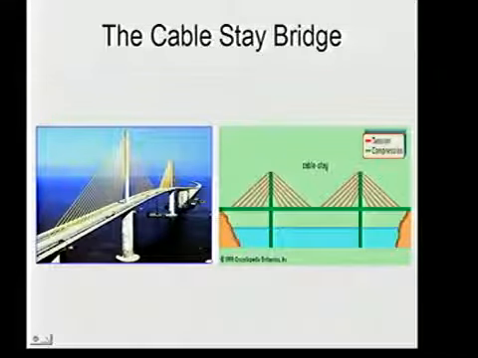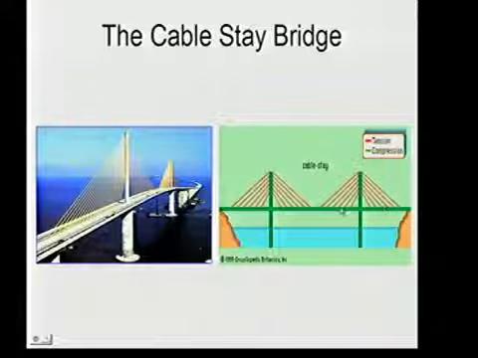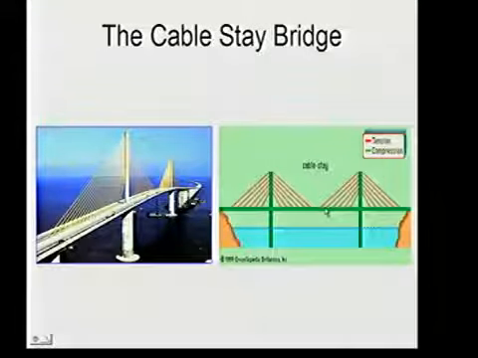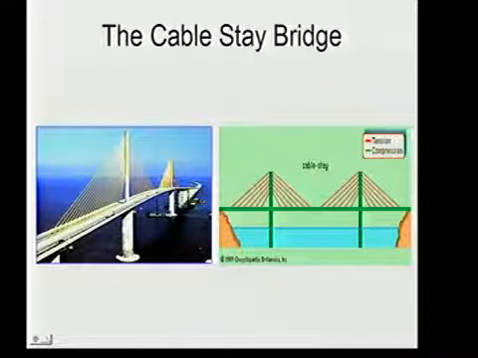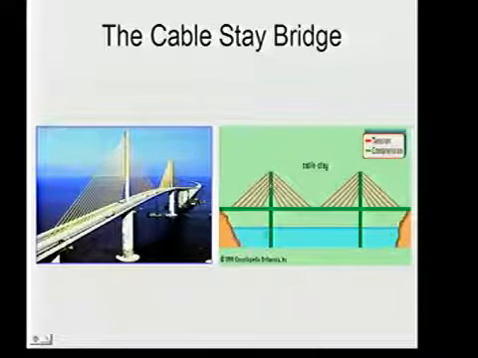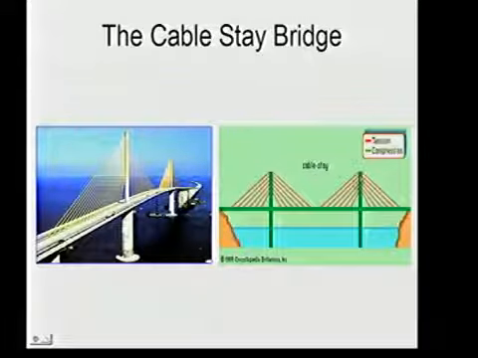There's a new one in Boston, and there's one across the Mississippi River down in southern Illinois. These tend to be very nice looking bridges. These cables support the thing, and all of the force is down on these pilings here. That's a cable stay bridge.